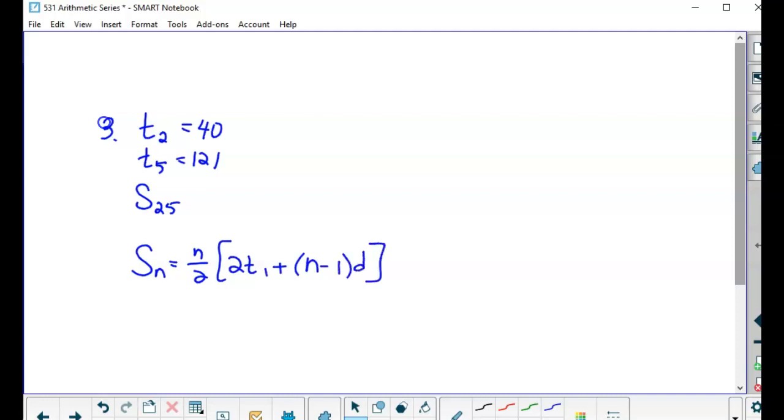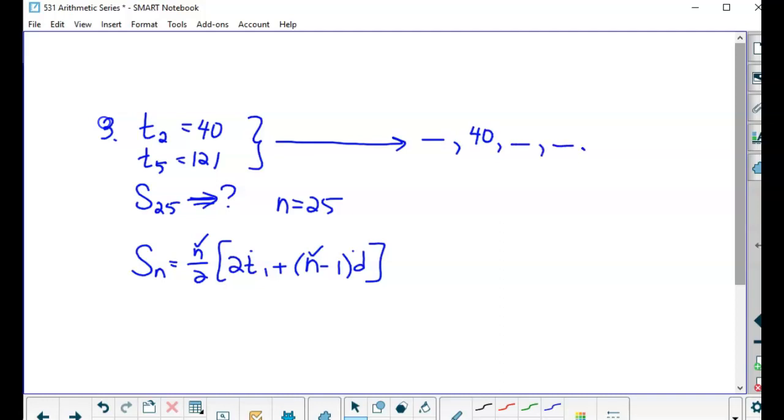Obviously n equals 25, so I have that. I need to know what T1 is and the common difference. In this case, these are small enough that you could write term 1, term 2, 3, 4, 5.